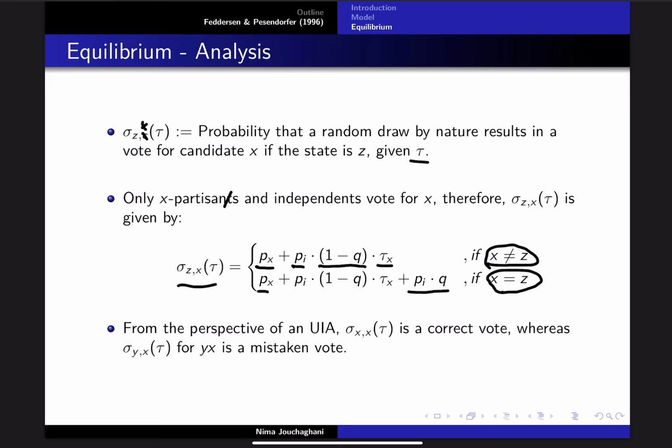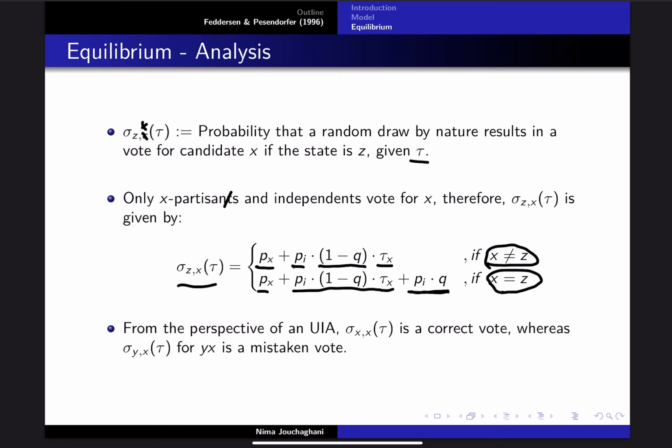So still we have the X partisans voting for X, then we have the uninformed independent voters voting for X according to their strategy, and then in addition we have the independent informed voters who vote for candidate X, because now the state is equal to the candidate.